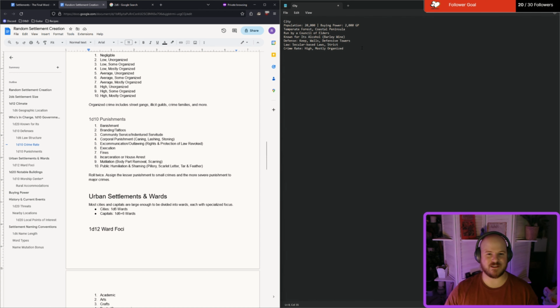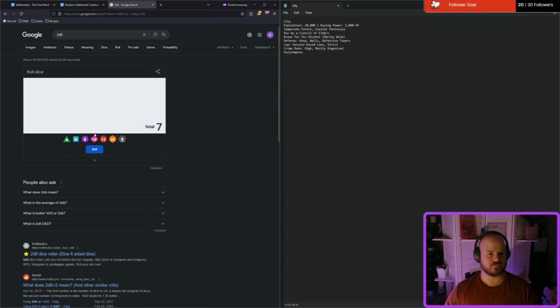And then we do our punishments. Actually, this says 1d10, but it really should be 2d10. So basically for these, I roll 2d10, and then whatever the more severe punishment is, that will be sort of like a major crime felony sort of punishment.